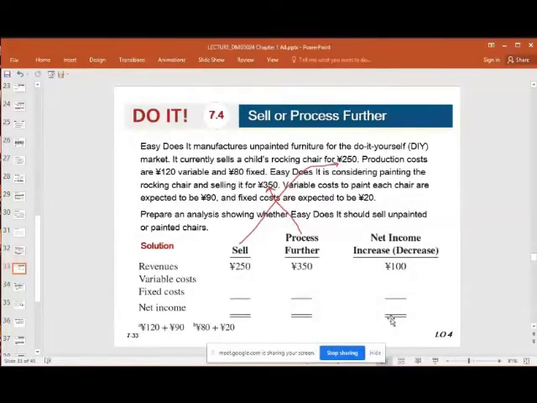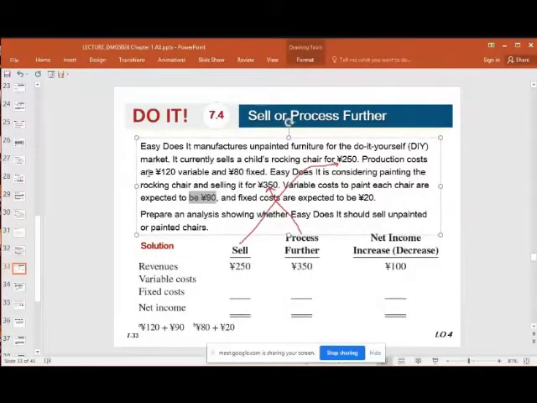So if you sell unfinished, your variable cost will be the unfinished one, 120. But if you process further, of course, you will incur more variable cost. So variable cost to paint each chair is 90. Before this, you already incur 120.